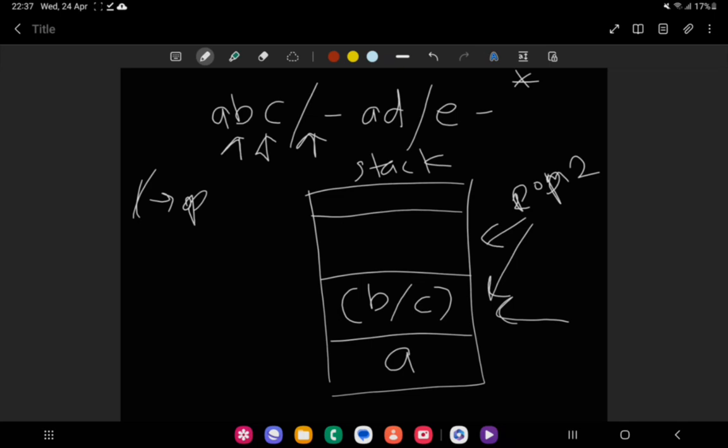Next we have minus. Minus is an operator also, just like the slash, right?